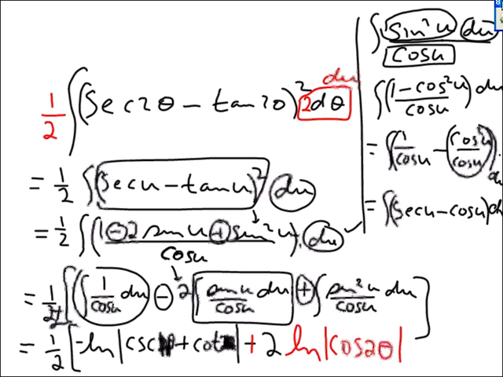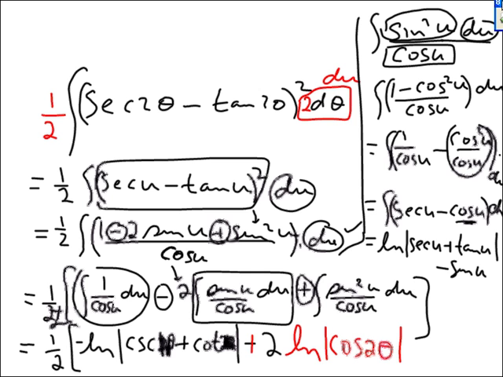Both of these I know how to integrate. I meant to write du, not dx. The first integral is ln of secant u plus tangent u, minus the integral of cosine u, which is sine u. So it's minus sine u.